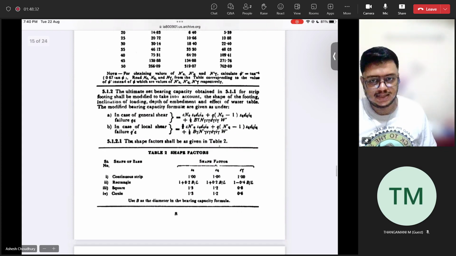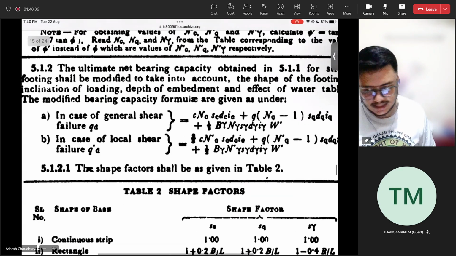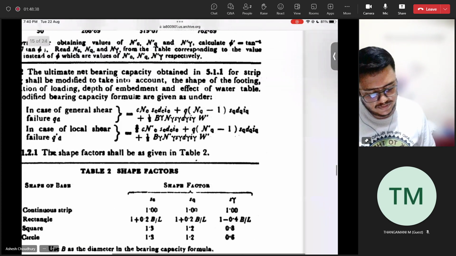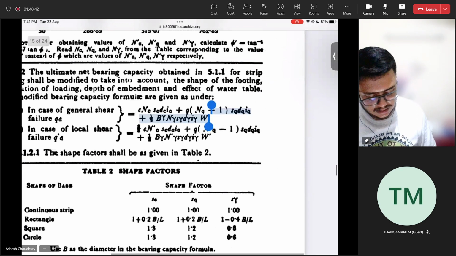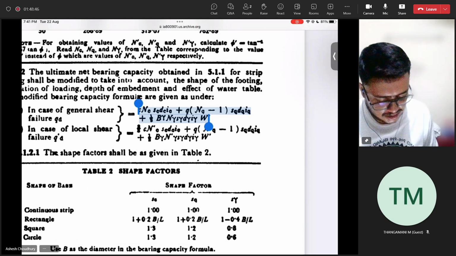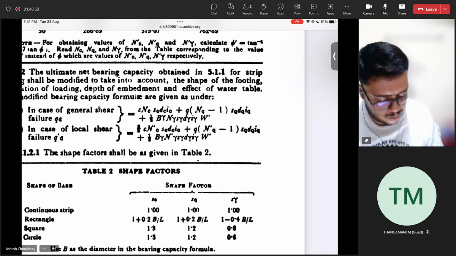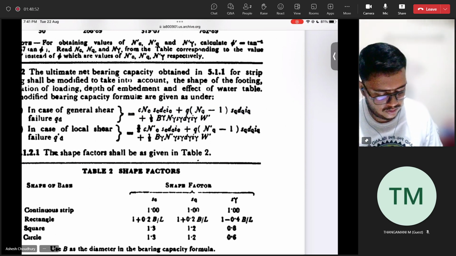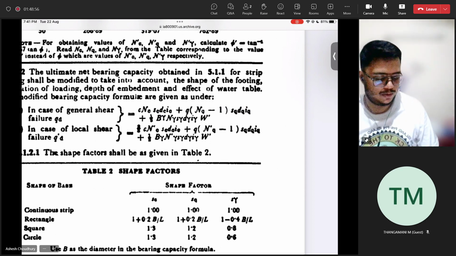So you can see, in case of general shear failure, the net ultimate bearing capacity is given by this particular expression. What are the terms? c Nc Sc Dc Ic plus q (Nq minus 1) Sq Dq Iq plus half B gamma N gamma S gamma D gamma I gamma W dash.